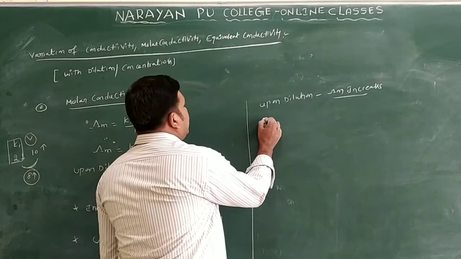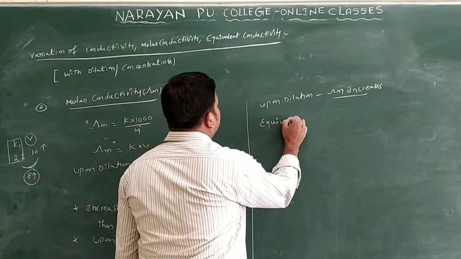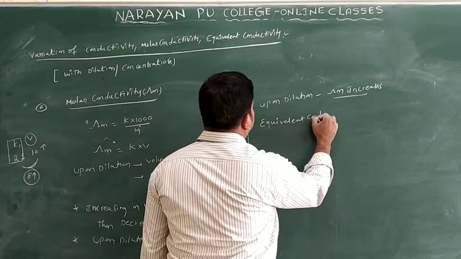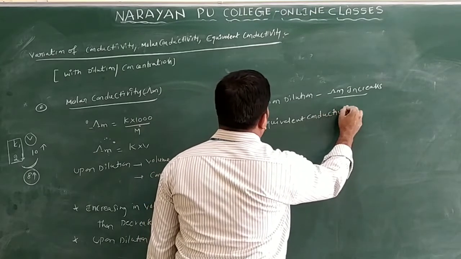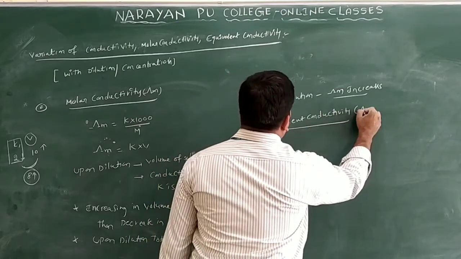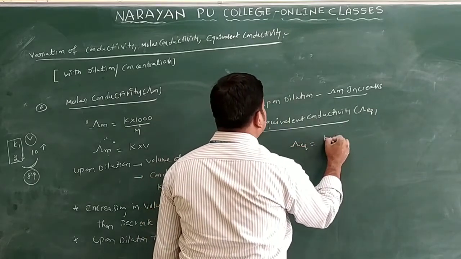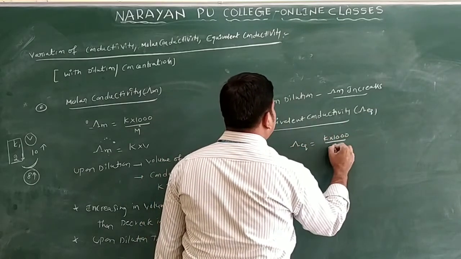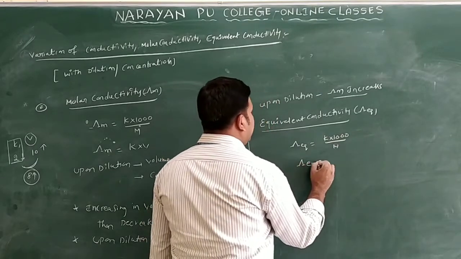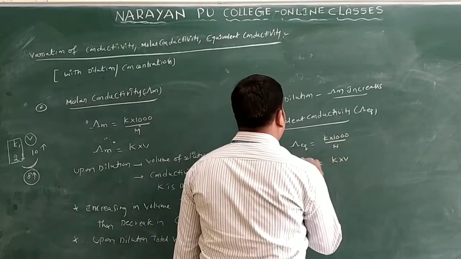Now we can take one more, equivalent conductivity only. Here also we can apply the same concept. Equivalent conductivity is denoted by capital EQ. So capital EQ is equal to K into 1000 by N, or you can write capital EQ is equal to K into V only.